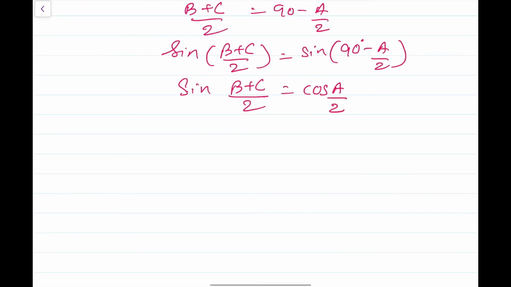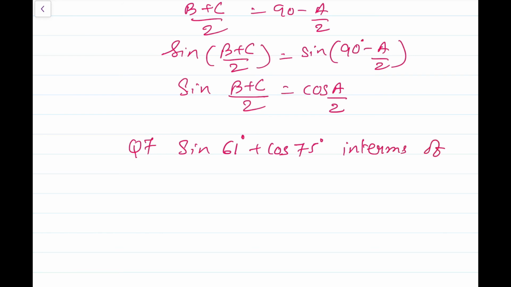Hence it is proved. Question number 7. In question number 7, it's very simple. We have to express sin 67 plus cos 75 degrees in terms of trigonometric ratios between angle 0 and 45 degrees.